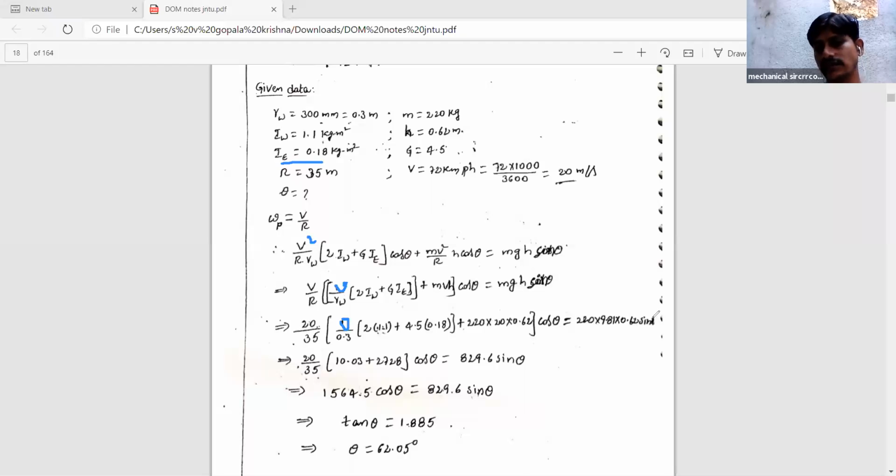Just take out the sin theta by cos theta numerical value, then we get some value, so then we get the theta value. So all of you substitute the known values in our problem.